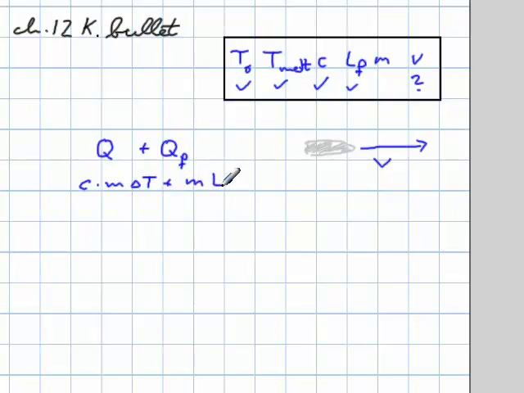So mass times the LF that is given in the table as being, I think it's 23,200 joules per kilogram in order to melt lead, and that energy has to come from somewhere. Well, what does it have to do with velocity? And really the only conclusion we could come up with is that it's the kinetic energy, and of course when it comes to a stop, that kinetic energy has to go somewhere.